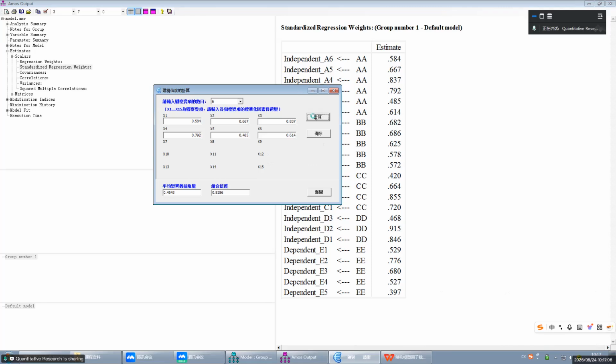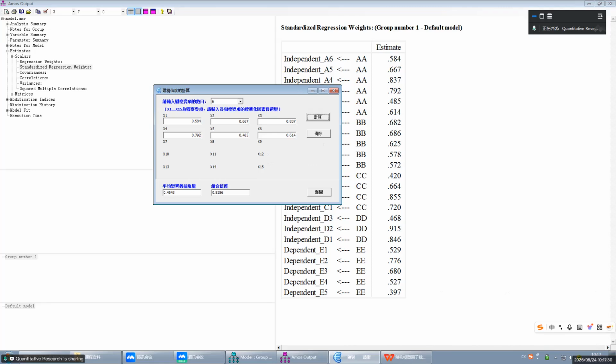Okay, now let's check CR. Does the CR meet the requirement? Yes. It's 0.8. It's larger than the requirement. How about AVE?